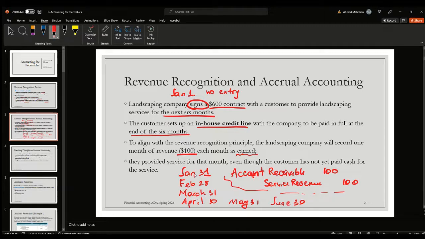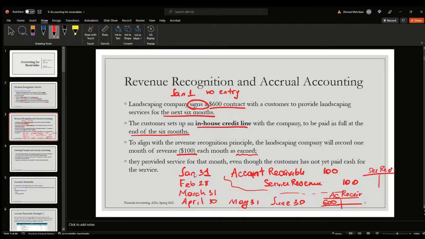By the end of June 30, the balance of our T account for account receivable will look like $600 in total. And the same goes for service revenue.